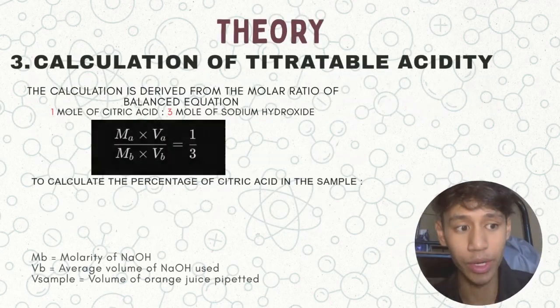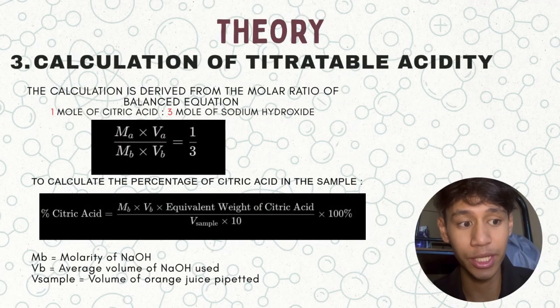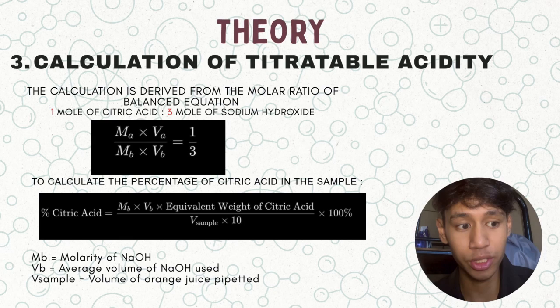For the third theory, the calculation of titratable acidity, the calculation is derived from the molar ratio of the balanced equation, where 3 moles of sodium hydroxide equal 1 mole of citric acid. We use the formula MaVa over MbVb equals 1 over 3.